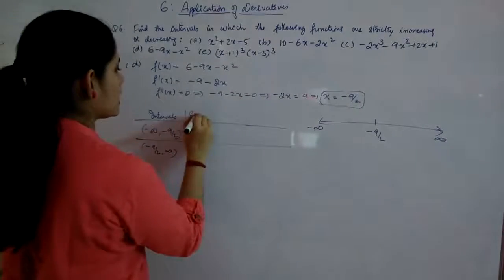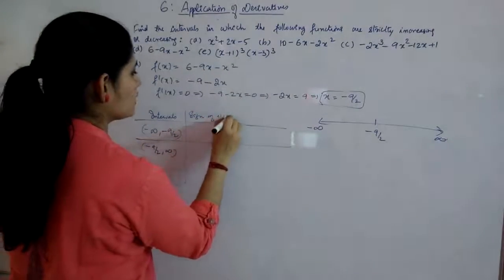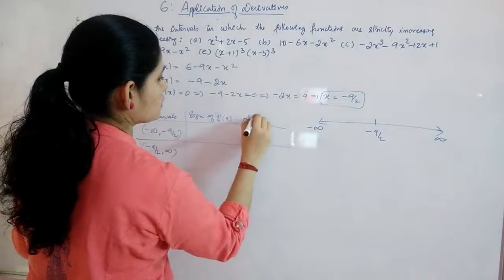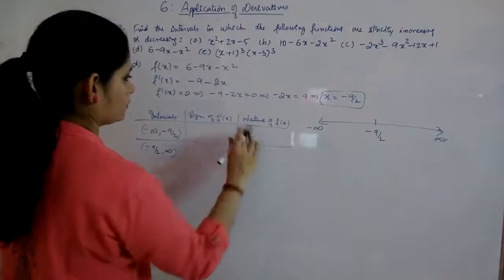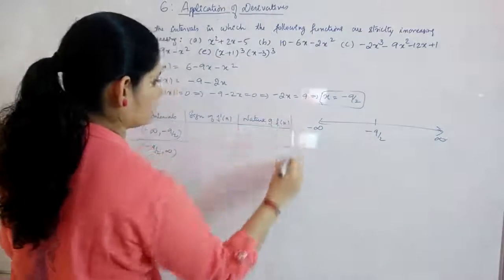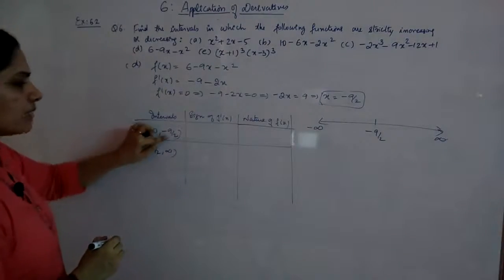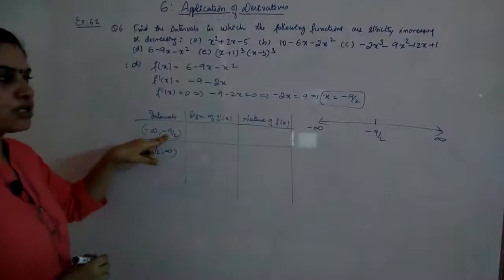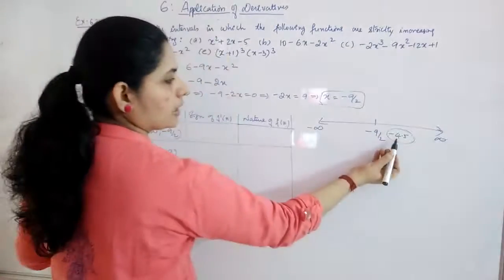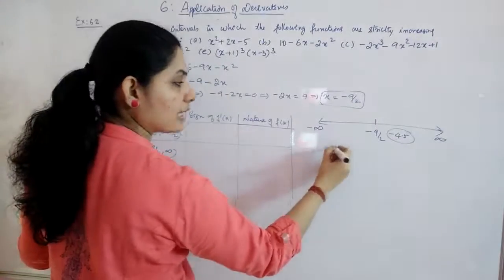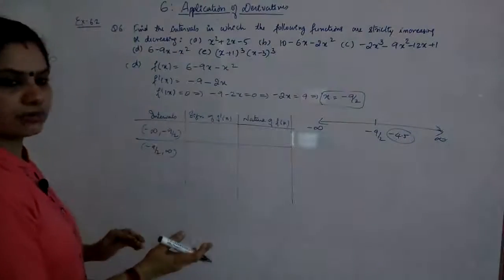So here you have sign of f dash of x and nature of f of x. -9/2 means it is -4.5, right? -5 will be in between -infinity and -4.5.